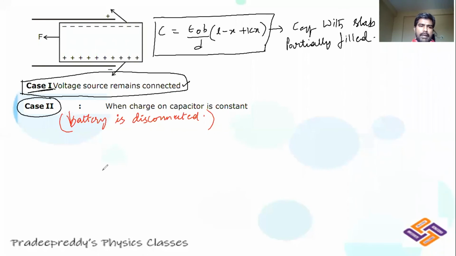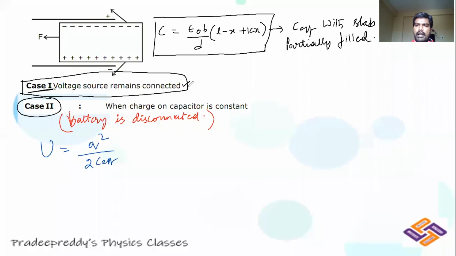If the battery is disconnected, as charge remains constant, we will be using the equation for potential energy as Q square divided by 2 into C effective. Because charge remains constant here, that's the reason I am using Q square divided by 2C. In the previous part, in case 1, voltage remained constant.